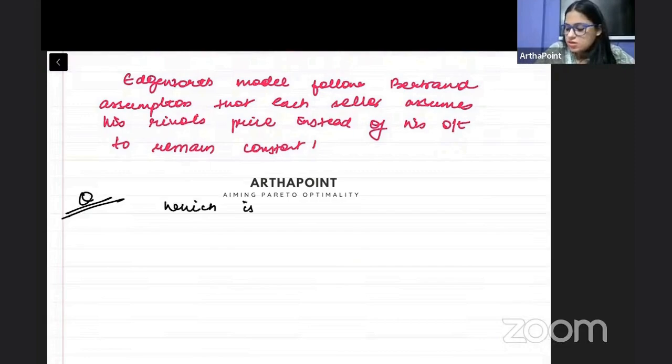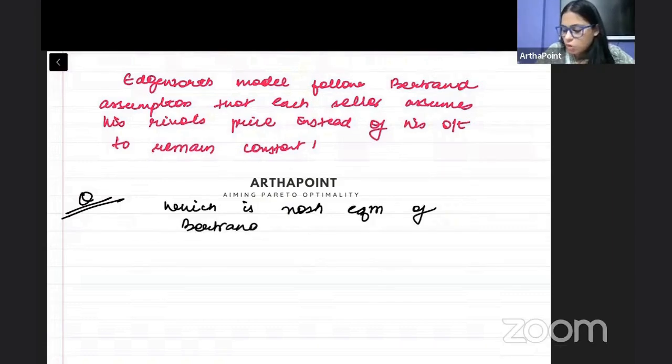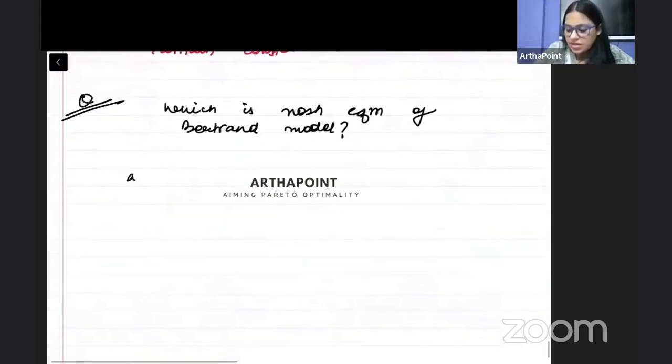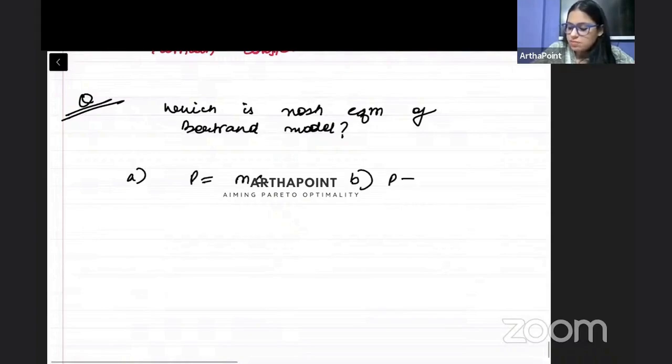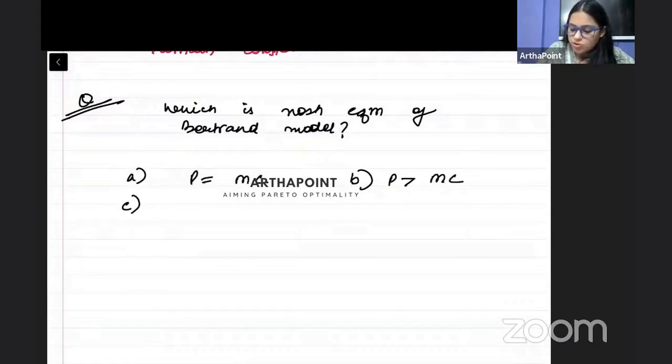What is Nash equilibrium of Bertrand model? Option number A, P equal to MC. Option number B, P greater than MC. Option number C, P less than MC.